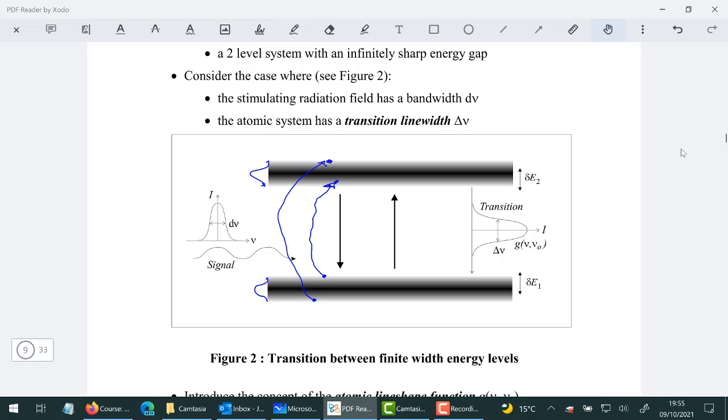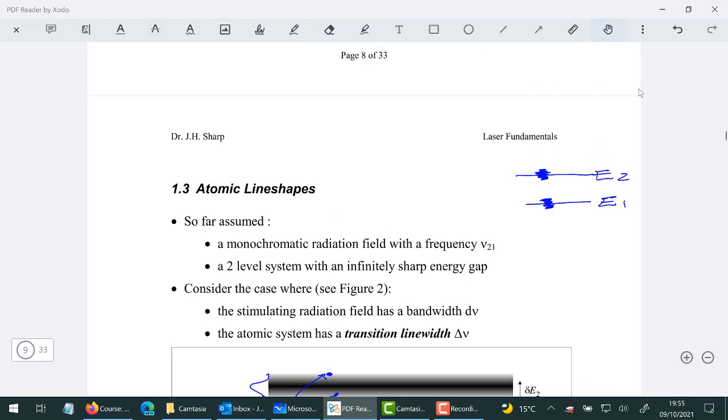And so what you'll see is that there is a range of possible values of line width, of frequency. Remember up here we had that the energy of the photon had to be exactly equal to E2 minus E1. And if that wasn't true, then we couldn't get the transition.